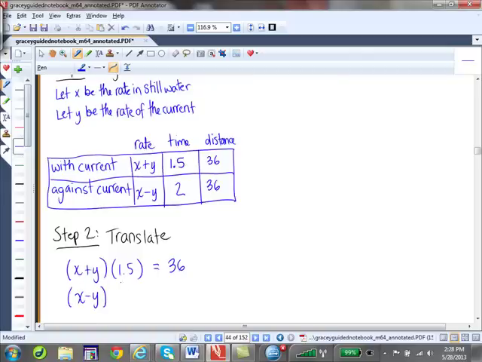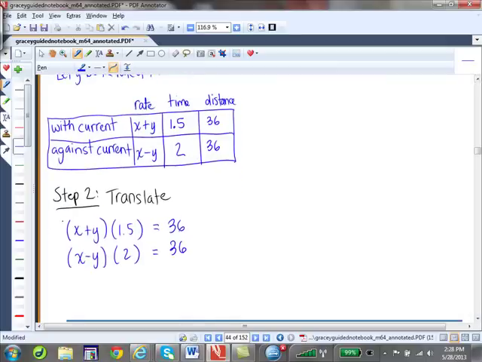The rate is x minus y times the time, which is 2, is equal to 36. Now we can write a similar system. If we divide the first equation on both sides by 1.5, we'll get x plus y equals 24. And then the second equation, when we divide both sides by 2, we get x minus y is equal to 18. So this is the system that will be easier to work with.